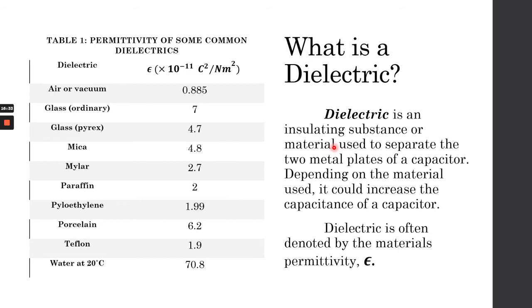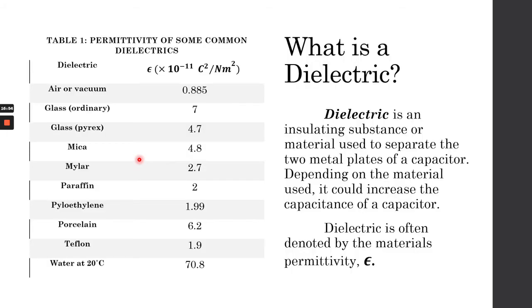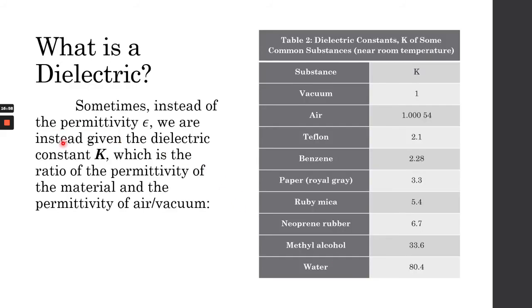But we can also use what we call a dielectric constant, which we use the letter K. Sometimes instead of permittivity epsilon, we are given the dielectric constant, which are two different things. I hope you guys will not confuse what a permittivity is and what a dielectric constant is.